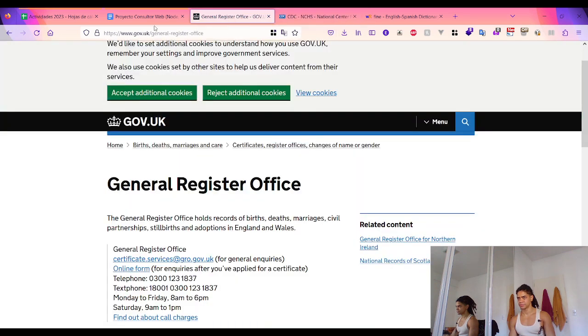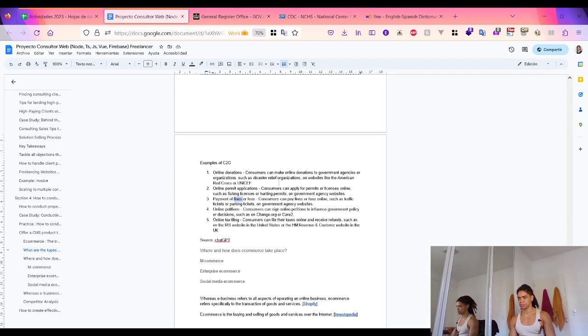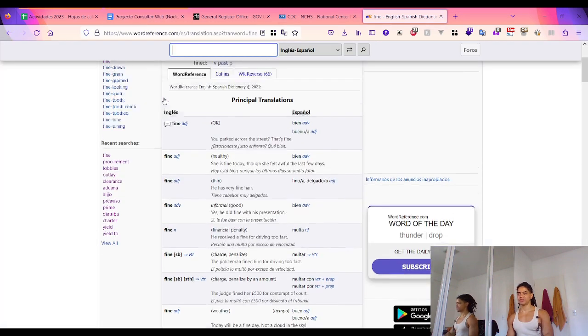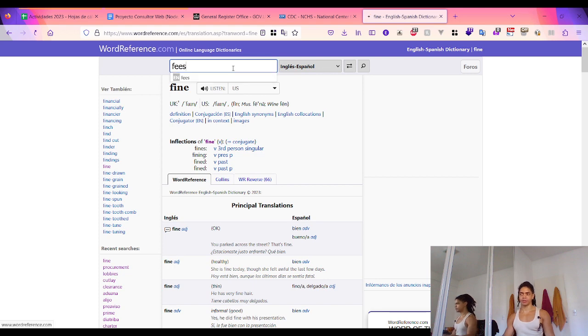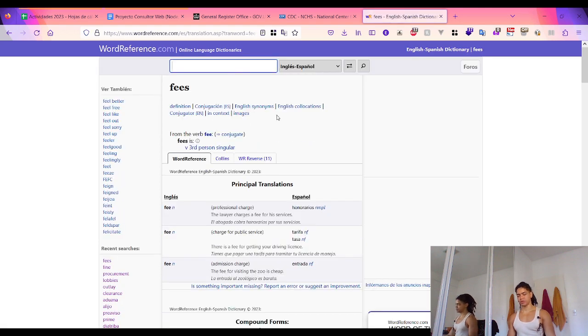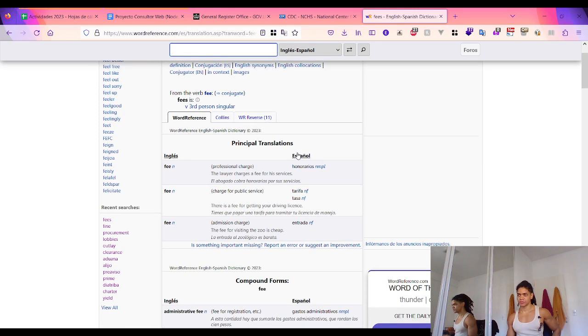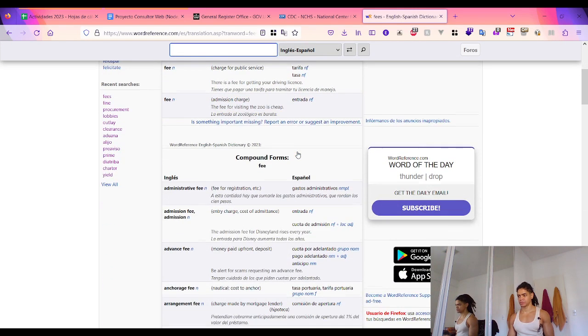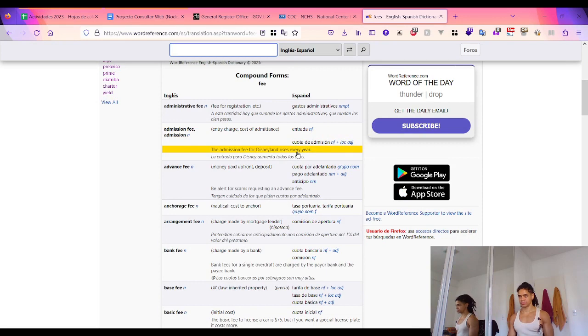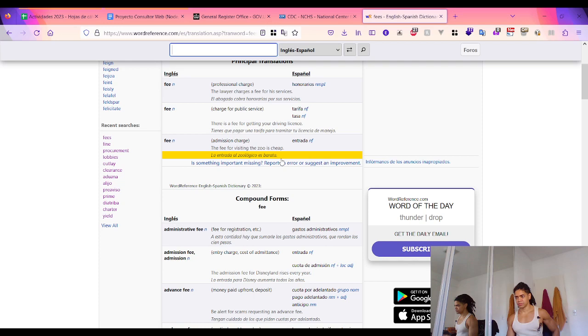Payment of fines or fees. Now, fees is comisión in Spanish. Honorarios, tarifa, comisión, tasa. Advance fee, bank fee, quota, tasa.